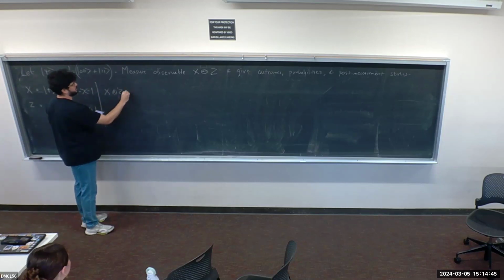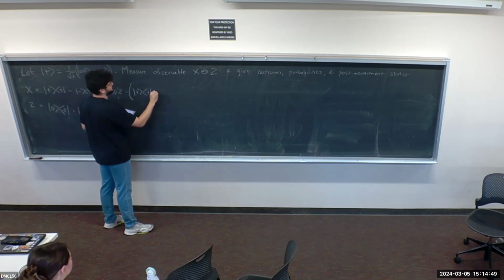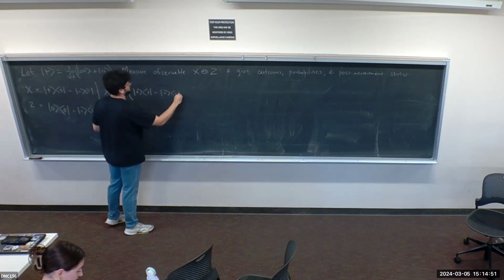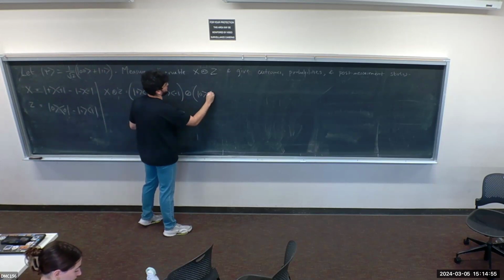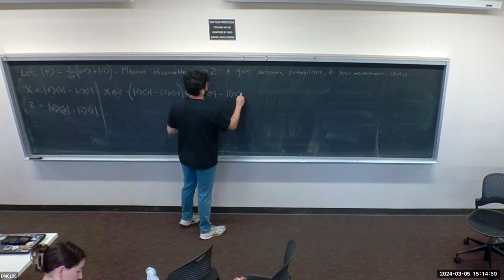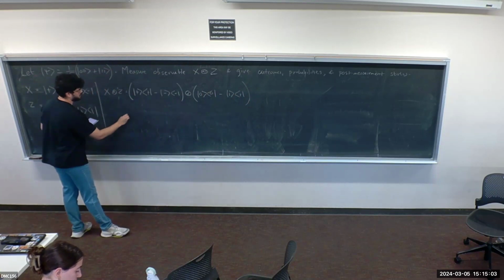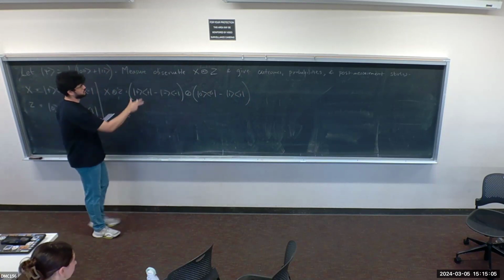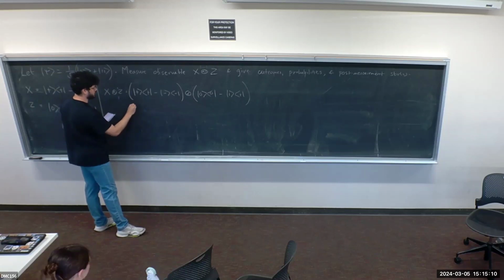So X tensor Z is outer product plus plus minus outer product minus minus, tensored with outer product 0 0 minus outer product 1 1. Now you just multiply out everything, so you will have 4 terms in total.